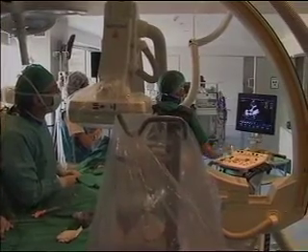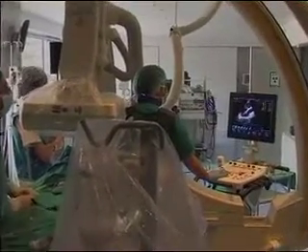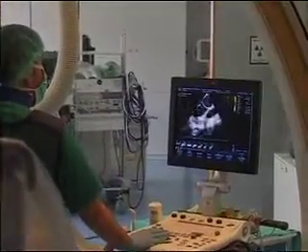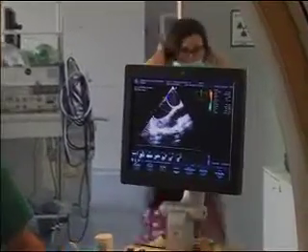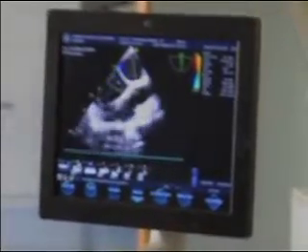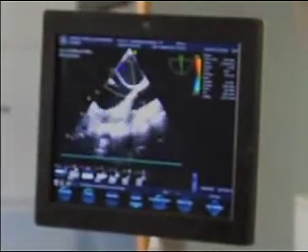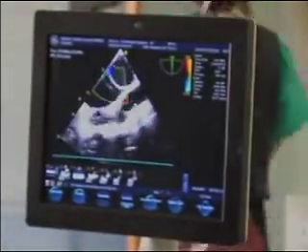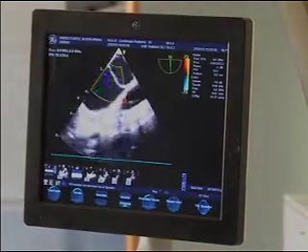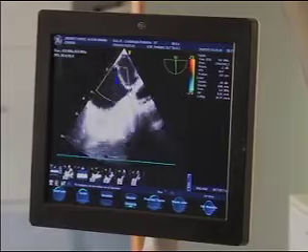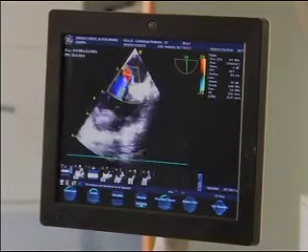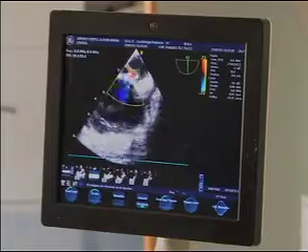And you can see the sheath, and I'm trying to get a safer place, both looking at the echo and at the fluoroscopy in both planes. It's not easy. We can see the echo, and maybe we can see some tenting of the atrial septum now.